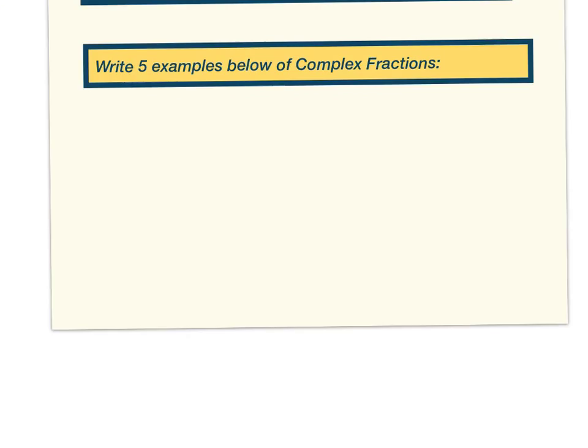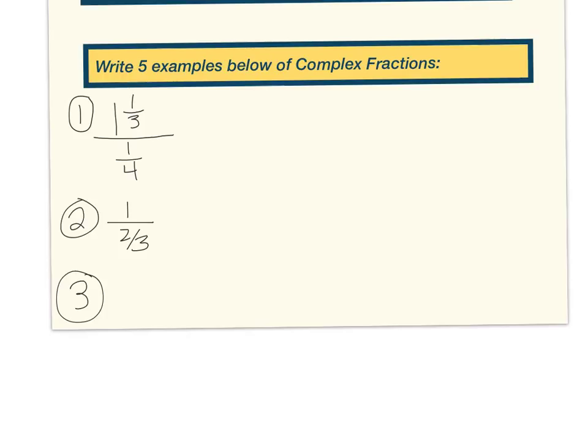So the first thing I want to do is write some examples of what complex fractions are. So please be sure that you're getting this in your notes as well. We'll do 5 examples here. So we could have 1 1/3 over 1/4. That would be an example of a complex fraction. Another example could be 1 over 2/3. In this case, there's an additional fraction only in the denominator.